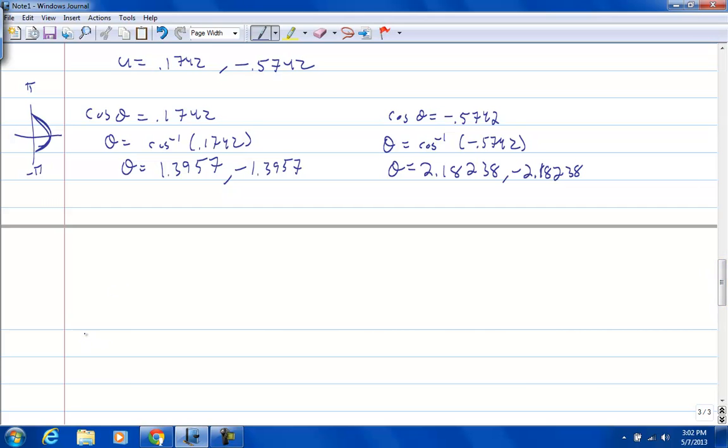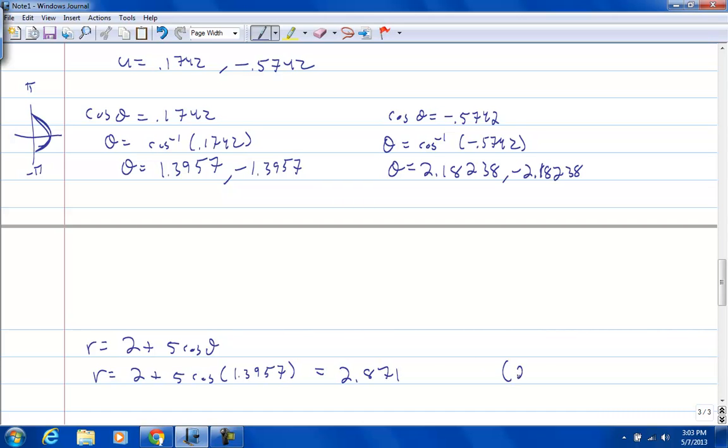So we have the case, we have 1, 2, 3, 4 values. So pick one of the equations. R equals, what was it, 2 plus 5 cosine theta, and plug these points in. So R equals 2 plus 5 cosine of 1.3957, and that's going to give us 2.871.